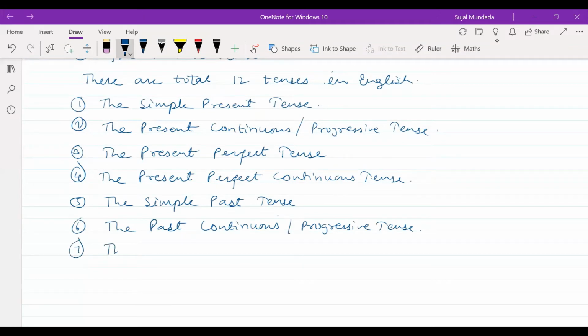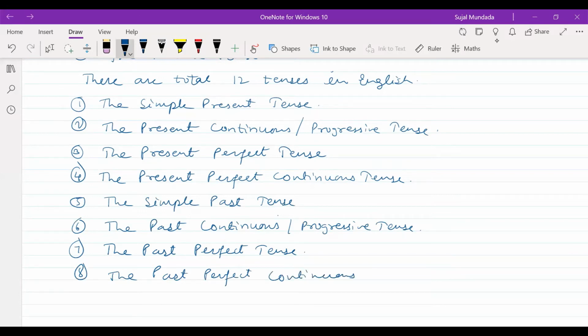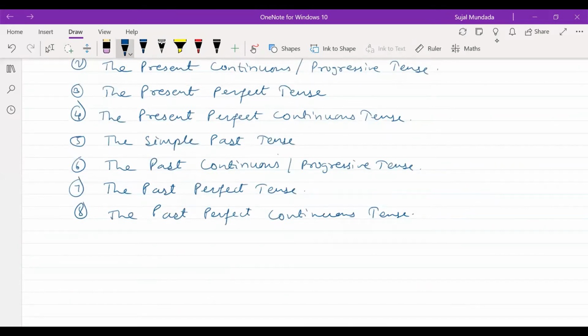Next one, the past perfect tense, and the past perfect continuous tense.